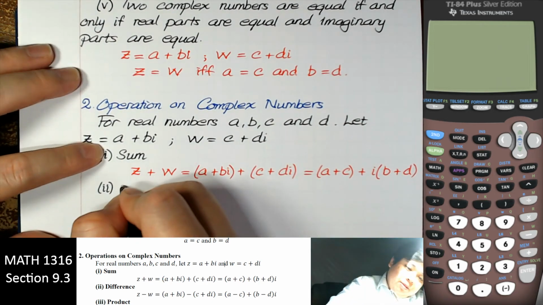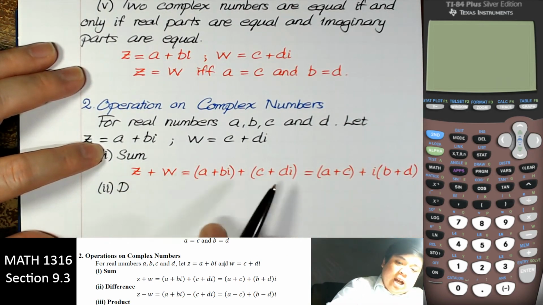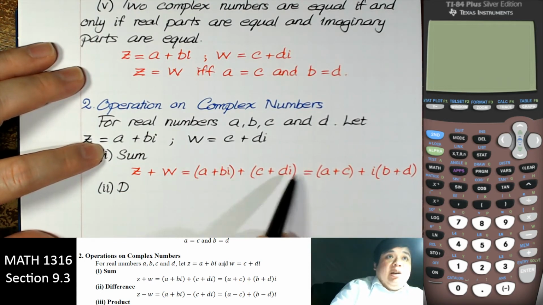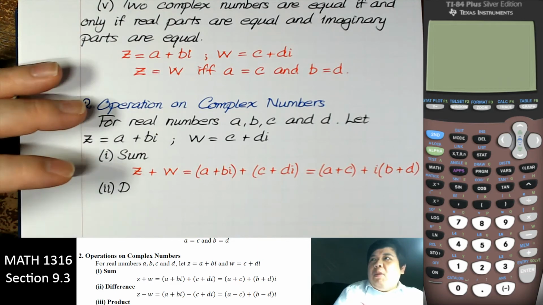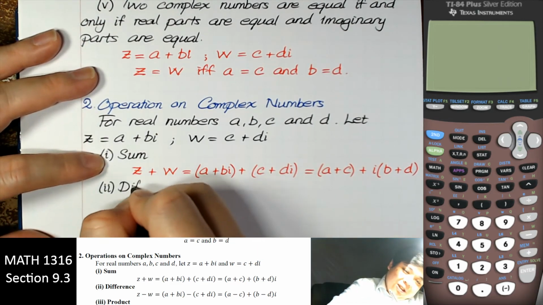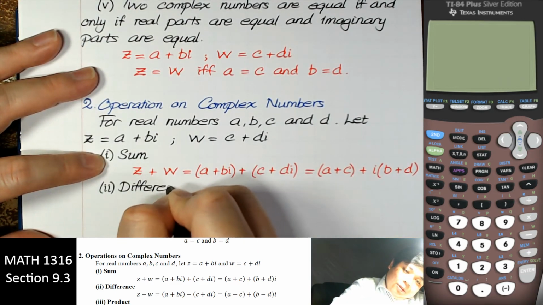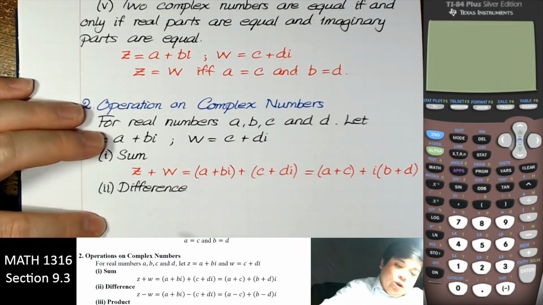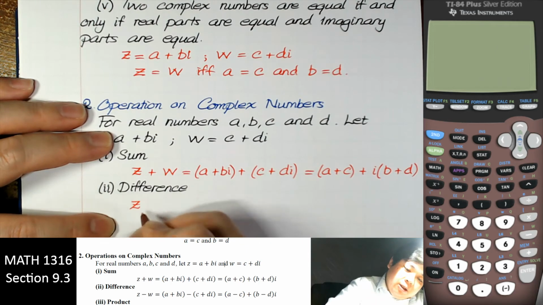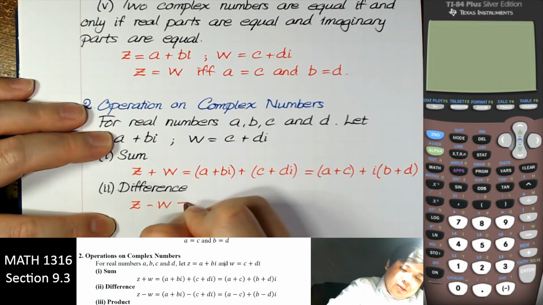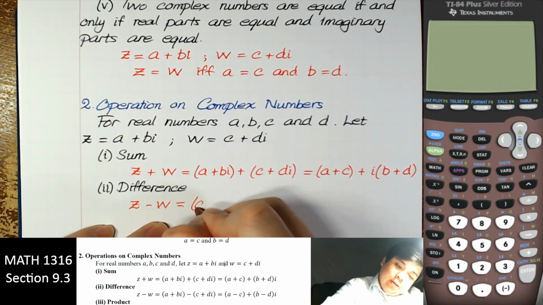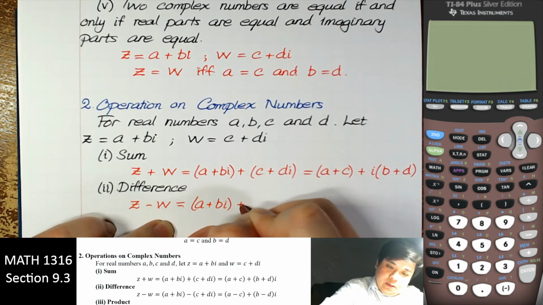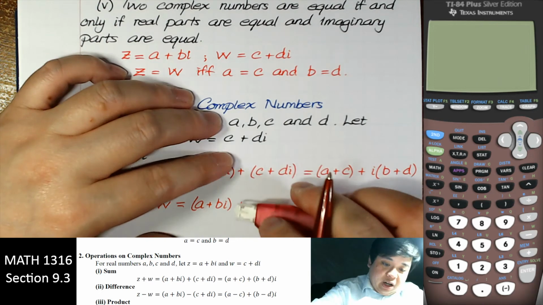Difference. We just add them, number by itself and i together. So pretty much combine like terms. Difference. Now we subtract them.